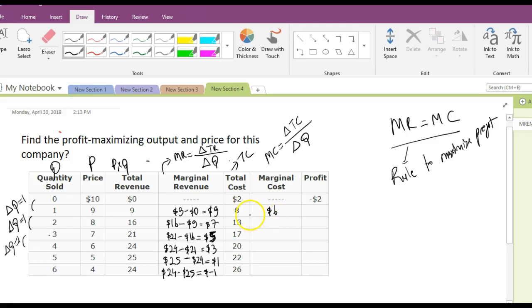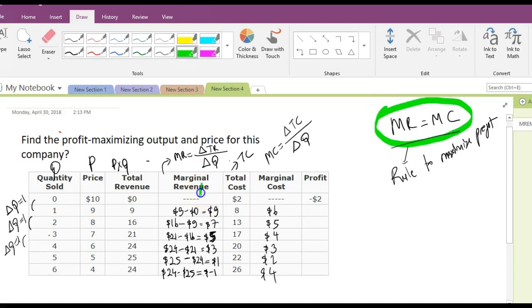To produce 2 units, my total cost will increase by $5. And then $4, $3, $2 and $4.